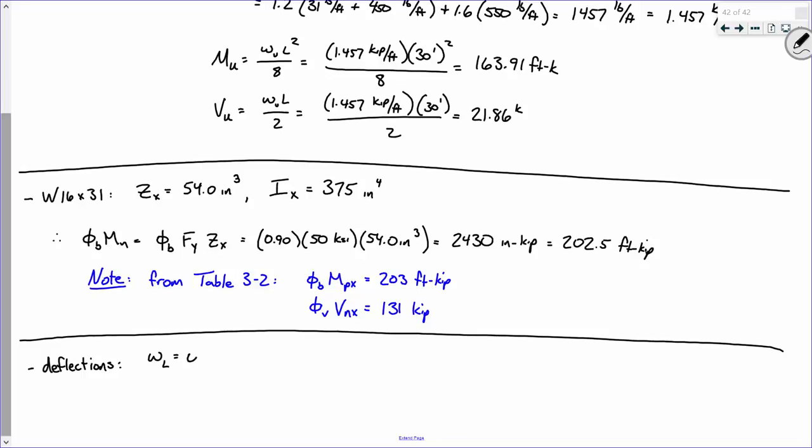So this is 0.55 kips per foot. How many kips is that per inch? I think you went backwards. 0.0458.